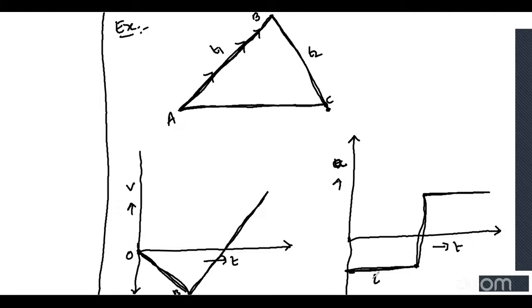So during the path T1, acceleration is negative, right? Up to here, remember, acceleration in the time.